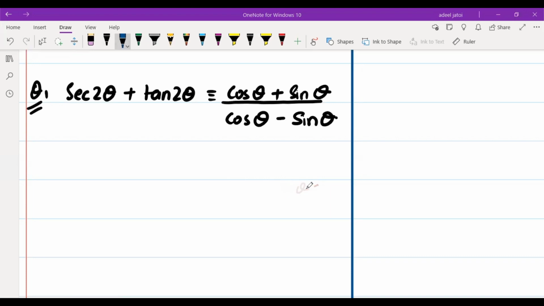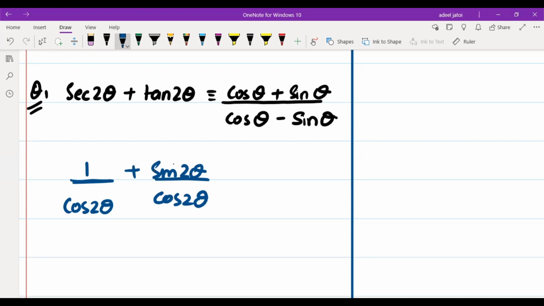So, sec 2 theta can be written as 1 upon cos 2 theta plus tan 2 theta can be written as sin 2 theta upon cos 2 theta.